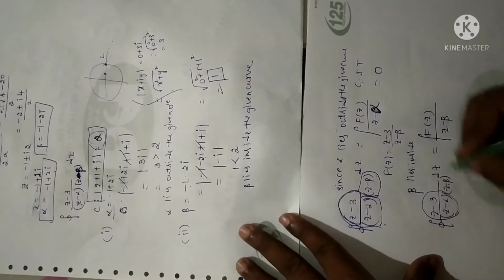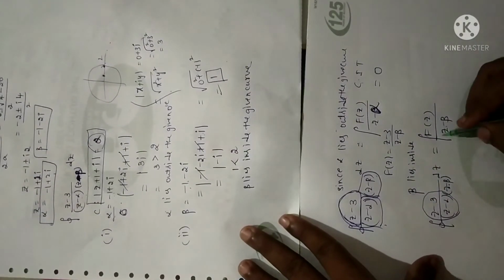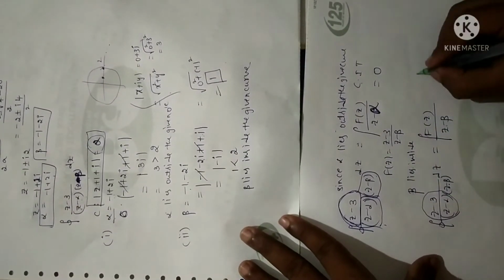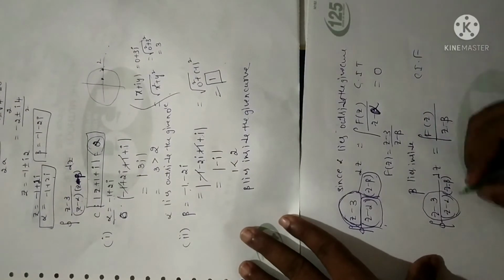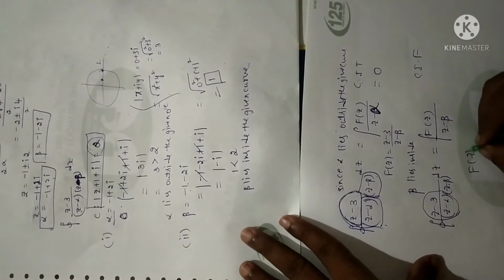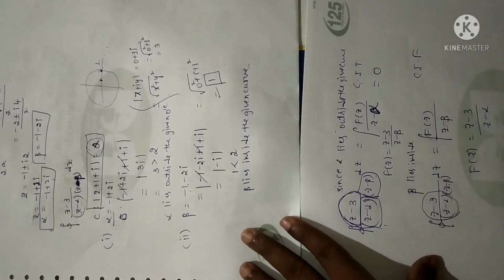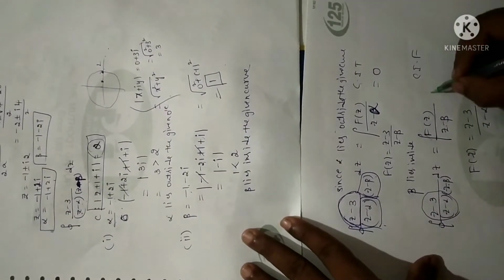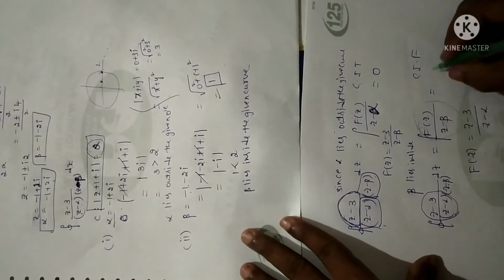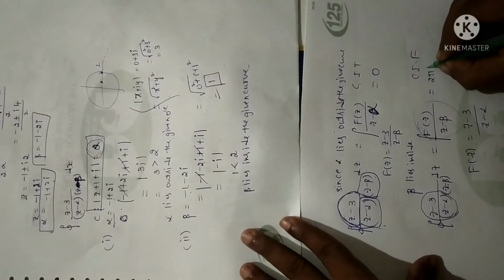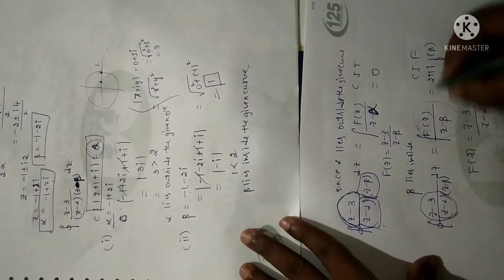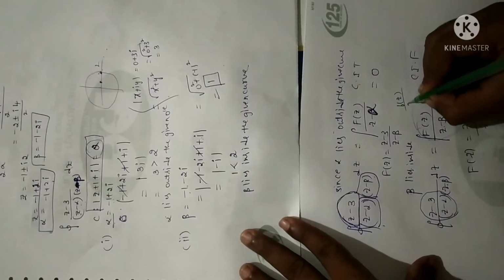Now with respect to beta, it lies inside, so now we have to apply Cauchy's integral formula, where f of z is given by z minus 3 divided by z minus alpha. When you apply Cauchy's integral formula for this function, it is of the form f of z divided by z minus a.